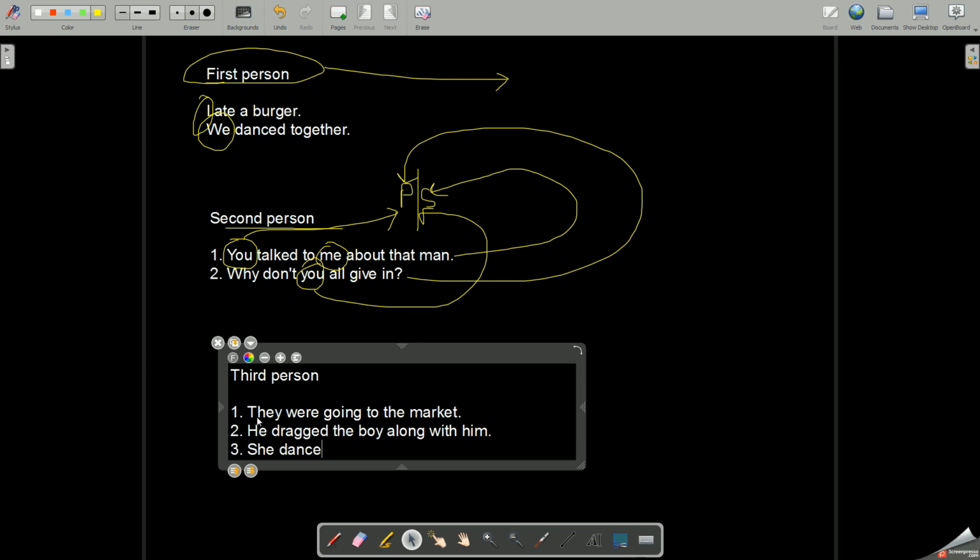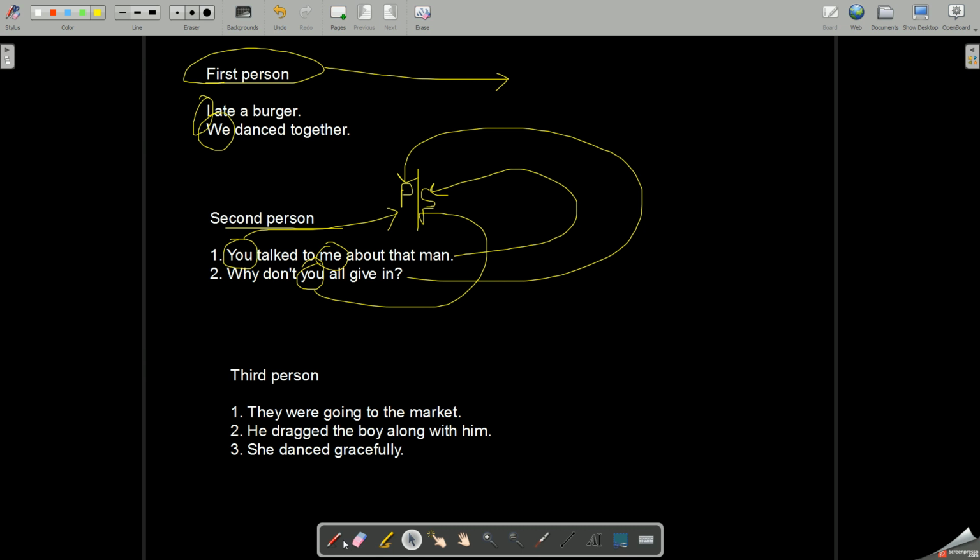She danced gracefully. So in these statements, we are talking about a third person. That is, two people are talking about a third person. They were going to the market. He dragged the boy along with him. She danced gracefully. So they, he, she, these are pronouns of the third person.